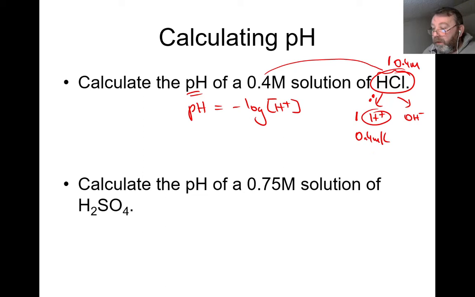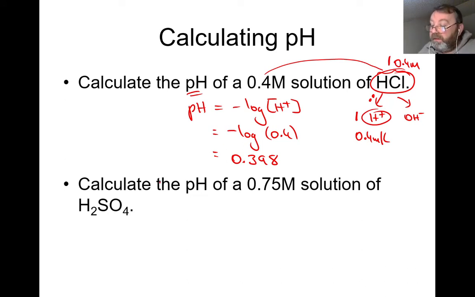And now I can put that hydrogen ion concentration in here and get minus the log of 0.4. And the answer to that, again, trusty calculator, minus the log of 0.4 comes out as 0.397. So 0.398, because it's 0.3979, so 0.398 will be fine. That's the pH.